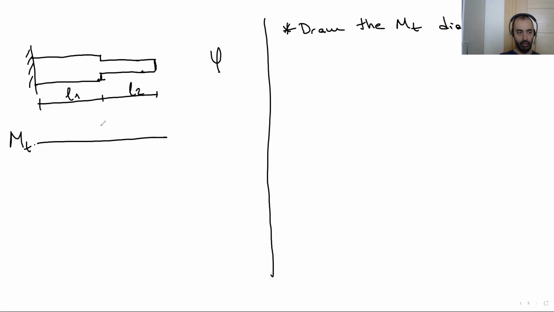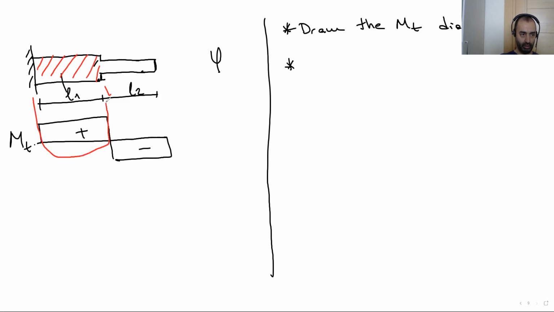Let's say the diagram is like this. I don't know, this is an example, because I didn't give any diameter here. Draw the diagram and consider each portion. For example, consider this portion first with this moment. Write this is phi1.